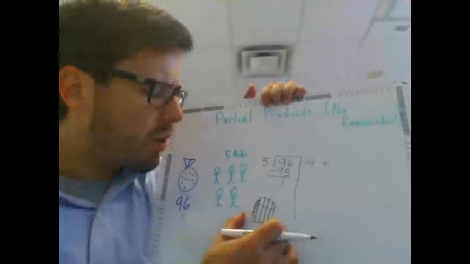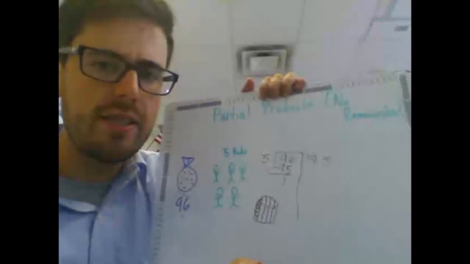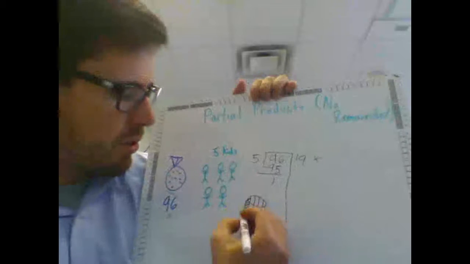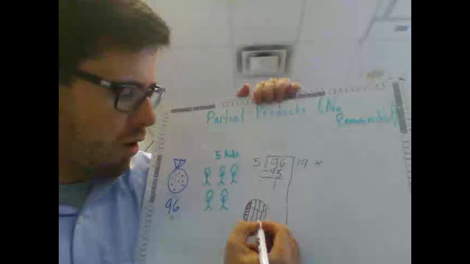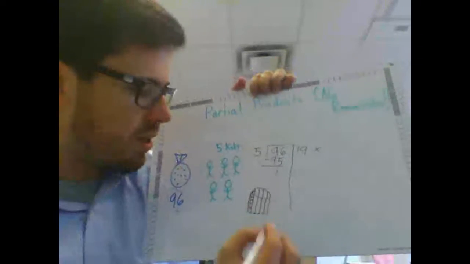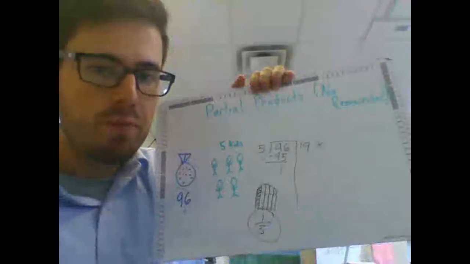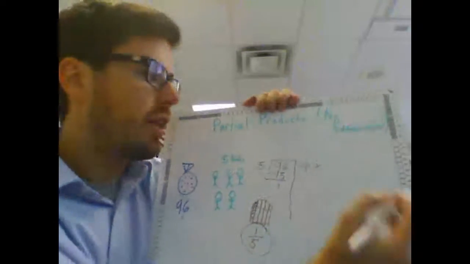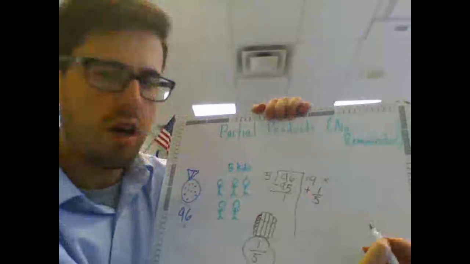So let's ask ourselves, if each kid gets 1 of those slices, how much is it? Well, look how many slices we were able to make. We made 1, 2, 3, 4, 5 slices. And we're giving each kid 1 slice. So as a fraction, we gave each kid 19 whole marshmallows plus 1/5 of a marshmallow.